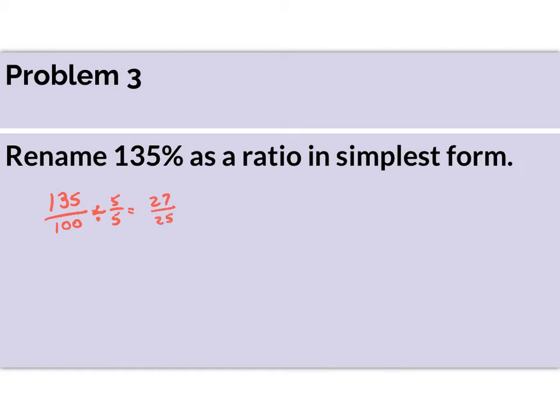The number on top is bigger, so divide 27 by 20. It goes once with 7 left over. We can't reduce that fraction anymore. So that is renaming 135% as a ratio in simplest form.